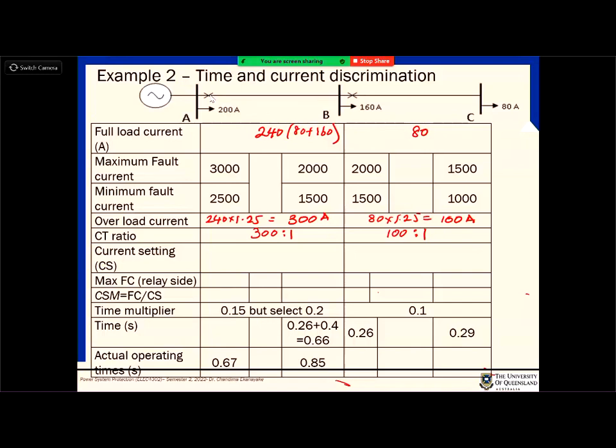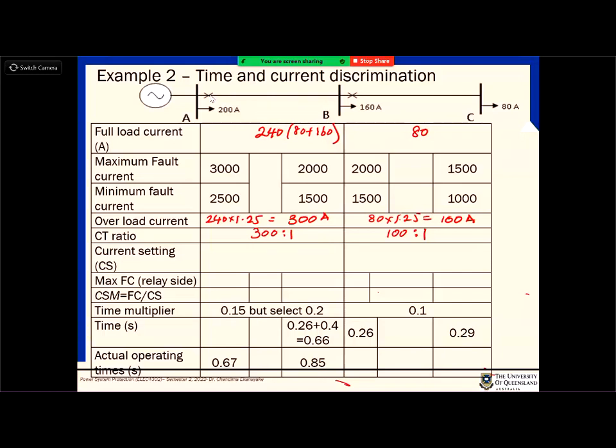And then the question says that the current setting should use a 25% margin to avoid unnecessary tripping. Which means that when the 125% load is going, still you are not sure whether it is going to trip, because if you just set it to that, the relay might have some errors.